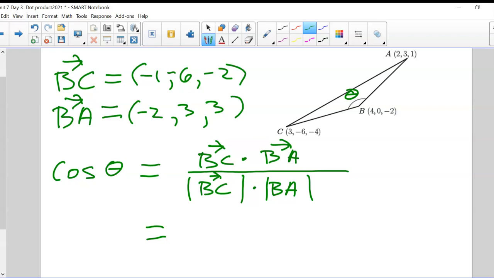Perfect. Brendan, give us the dot product, please. We got the BC and the BA vector. What would the dot product of those two vectors be? We're going to put that on top. Okay, Brendan, let me take you back to what we did before.